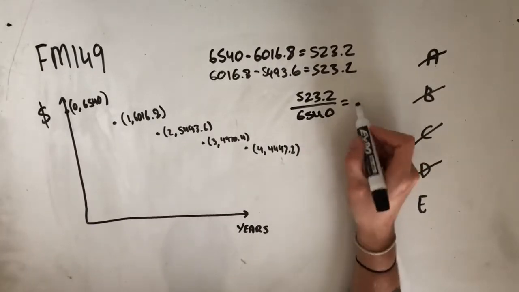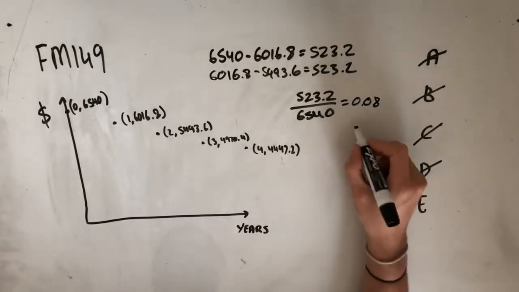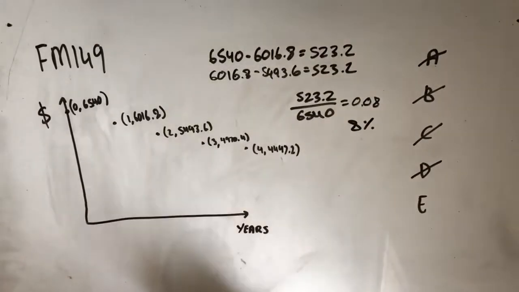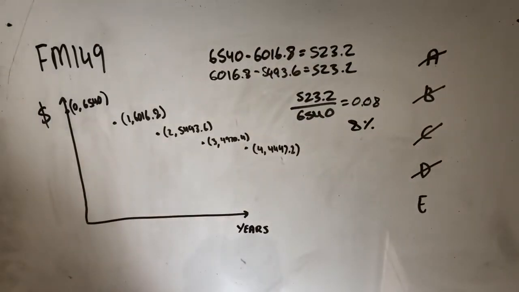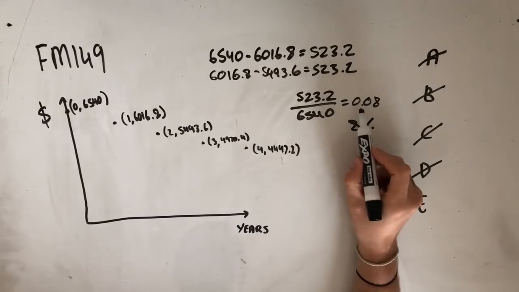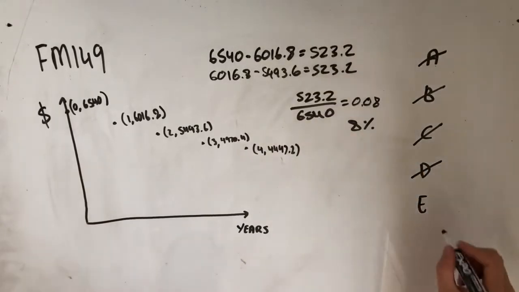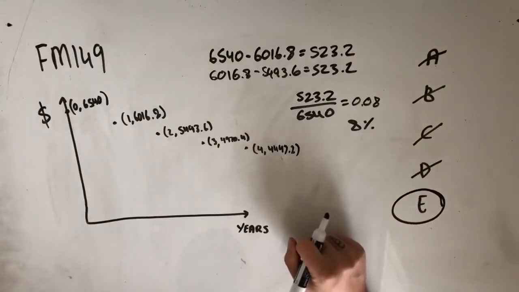And your calculator should spit out a value of 0.08, which of course you convert to 8%. Times that by 100, you'll be able to see that that's 8%. But by now you should be getting to a stage where you're able to see that a decimal of 0.08 represents 8%, which of course means that E is our correct answer.